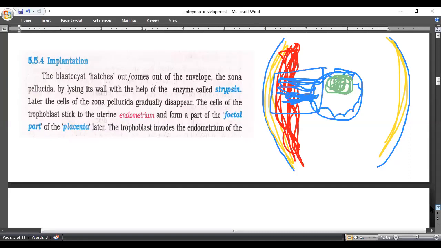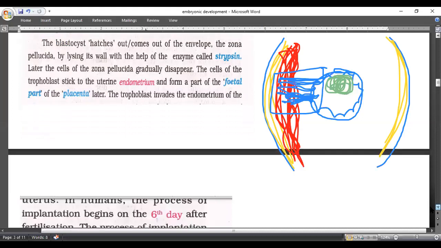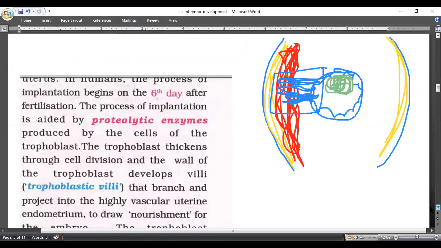Simply, what I can say at present is that the trophoblast layers are dividing rapidly and reach into the endometrium layers of the mother. Next, the trophoblast invades the endometrium of the uterus.